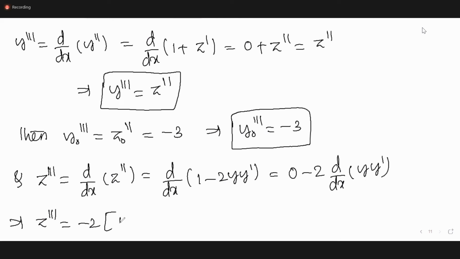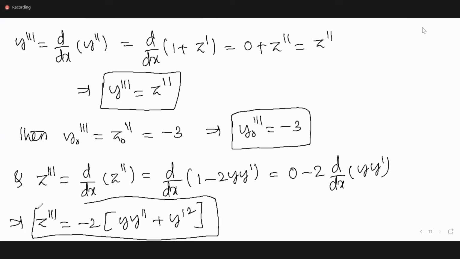the differentiation of the product of two functions: y y double dash plus y dash square. First function into differentiation of second function, for the differentiation of y dash, y double dash.